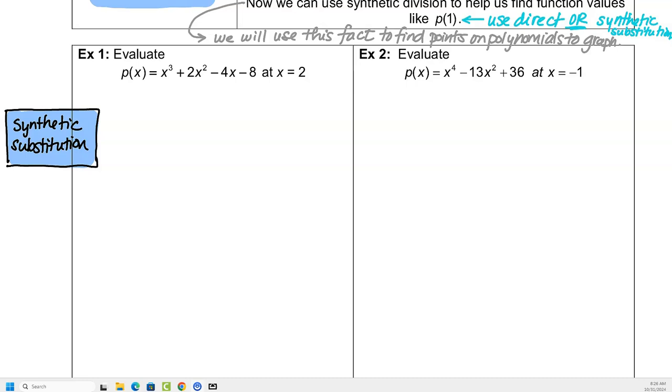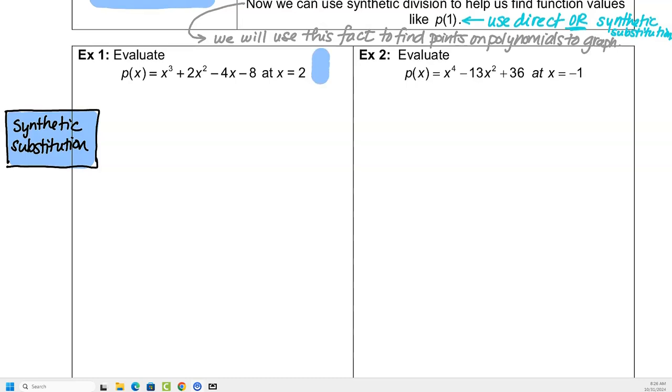That is our goal. So I'm going to create my window. And if you remember correctly, we're going to take the 2 here, and we're not going to change it at all.